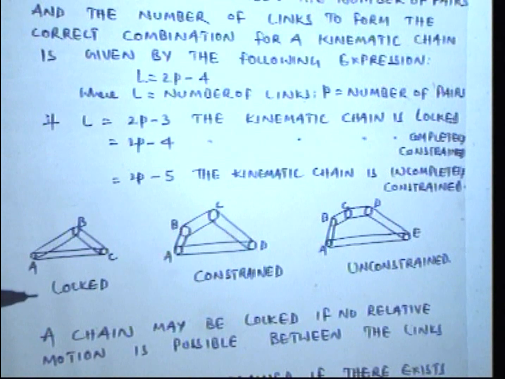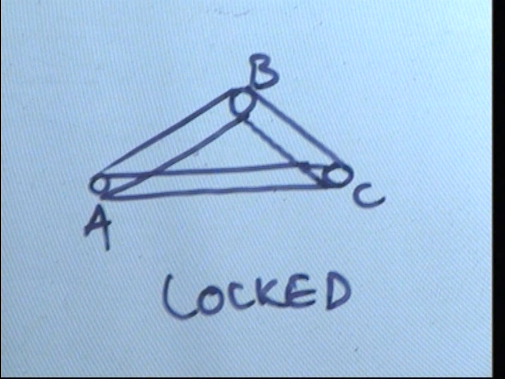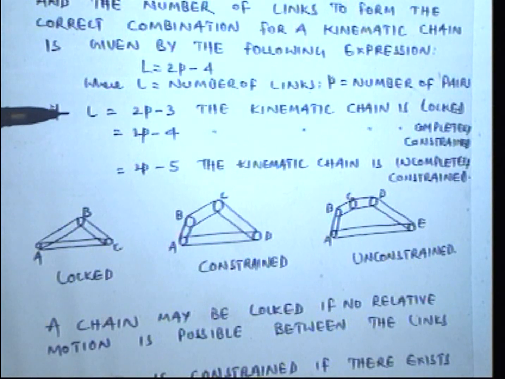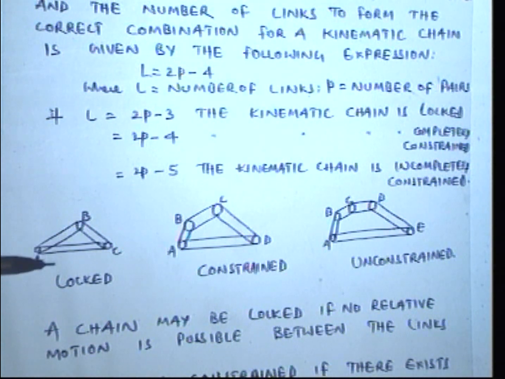Diagrammatically, the locked kinematic chain can be shown like this. In this figure, we have 3 links, and it follows the rule L = 2p - 3. Hence, all the links are locked.